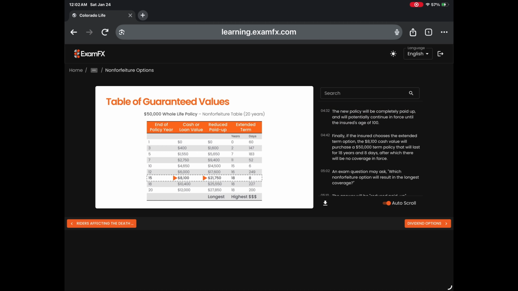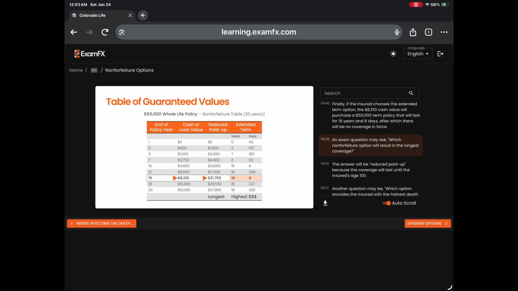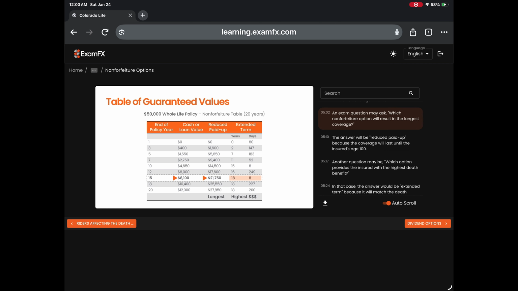Finally, if the insured chooses the extended term option, the $8,100 cash value will purchase a $50,000 term policy that will last for 18 years and 8 days, after which there will be no coverage in force. An exam question may ask, which non-forfeiture option will result in the longest coverage?